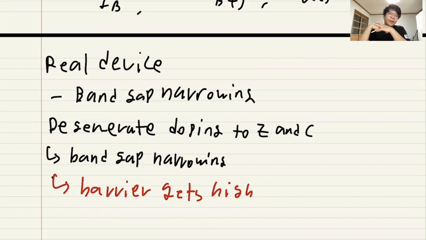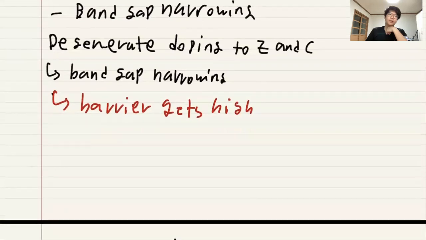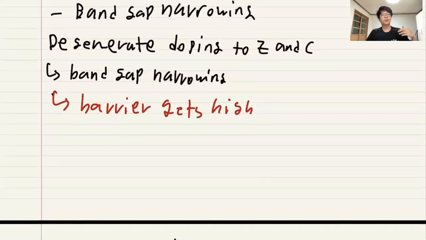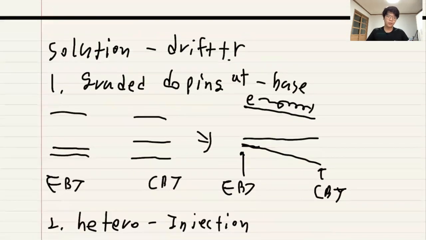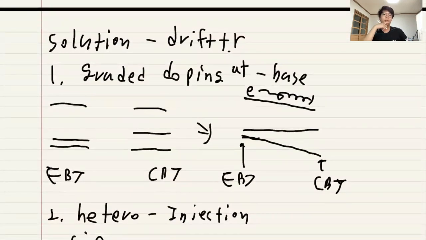The effective band gap narrowing makes the barrier between emitter and base large, so it is hard for electrons to diffuse from the emitter to the collector. As a solution, we use a graded doping technique. We call it a drift transistor.